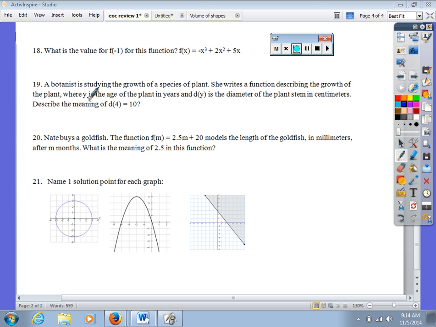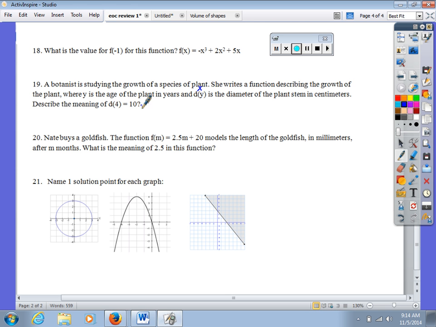So it says where y is the age of the plant in years, and d of y is the diameter of the plant stem in centimeters. Now, d of y is just another way that we can write x, and y is just y. Remember, y is always after your equal sign. X is always what's in the parentheses.